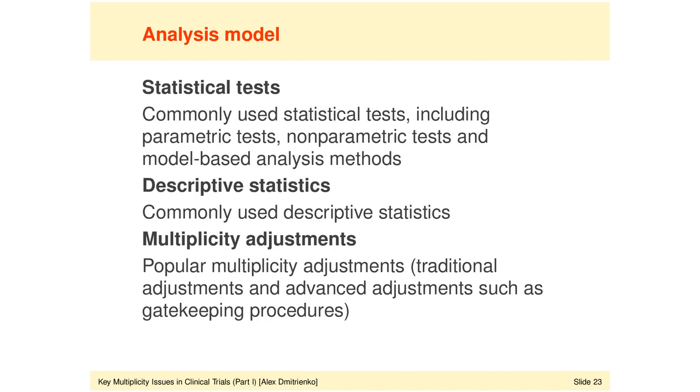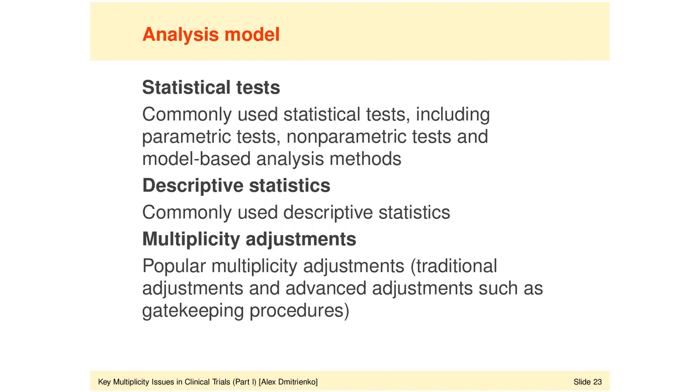An analysis model, as we said, defines key components of an analysis strategy in a trial, which includes statistical tests, parametric tests, non-parametric tests, and model-based analysis methods. It also includes descriptive statistics that are computed from the trial data.